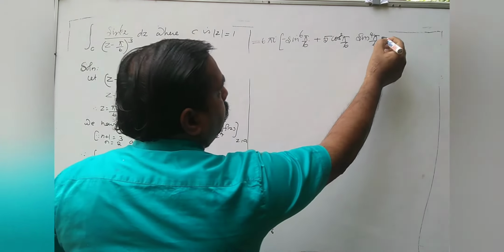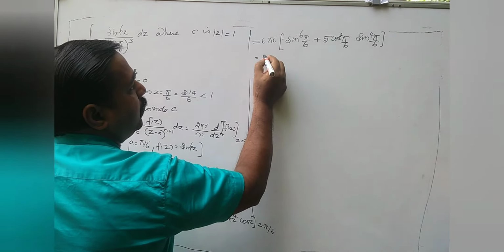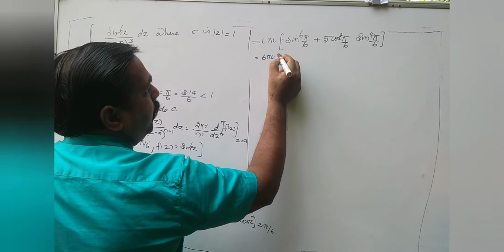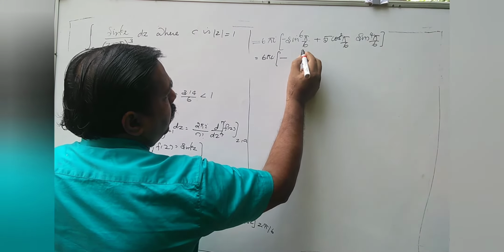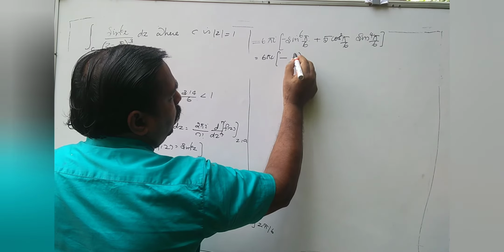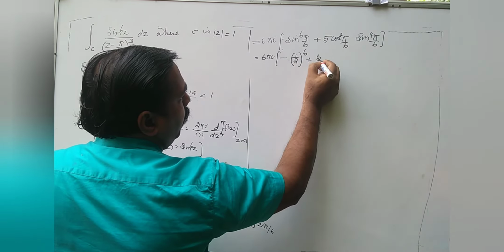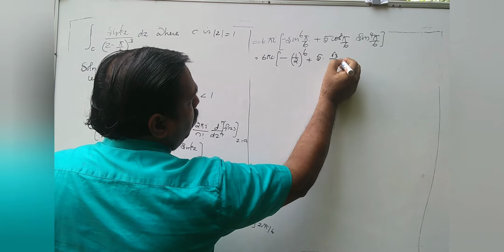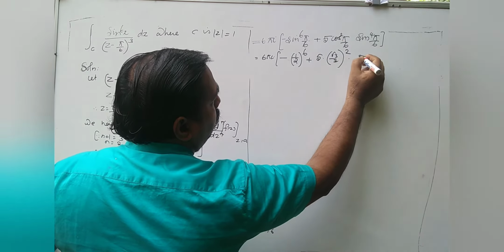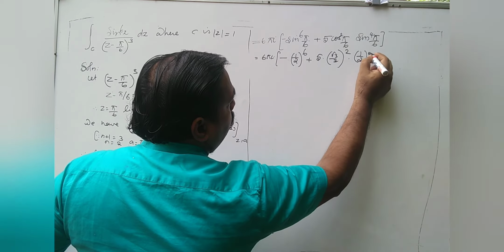Okay, now simplify. So that is equal to 6 pi i, here minus this value is equal to sin 30 degree. Sin 30 degree is equal to 1 by 2. That is 1 by 2 power 6 plus 5 by 2 into this value cos 30 degree. Cos 30 is root 3 by 2, the whole square, into 1 by 2 power 4.